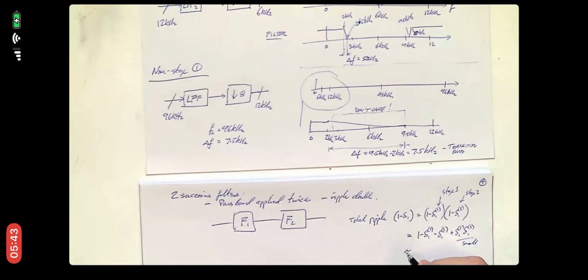So that's approximately 1 minus (delta 1,1 plus delta 1,2). So the ripples sort of add up.